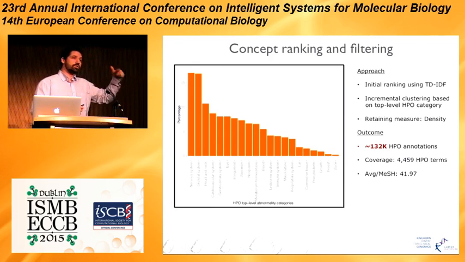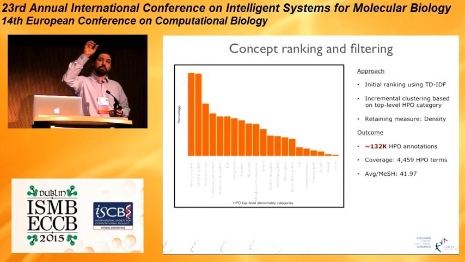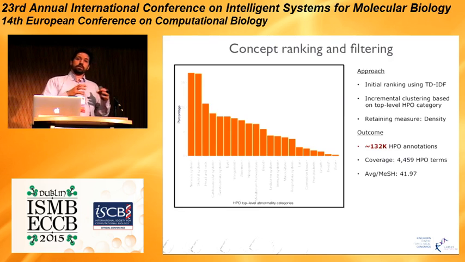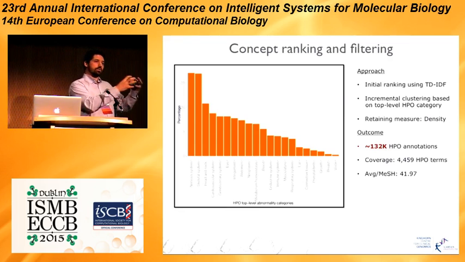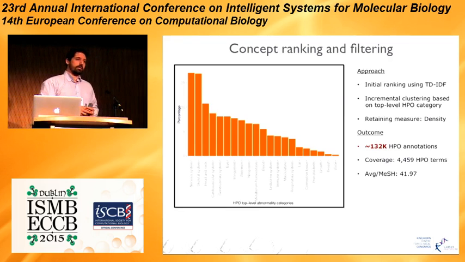Then we tried to incrementally cluster terms based on the top-level HPO category, with the assumption that terms that fit in the same category, such as growth abnormality, would cluster more together, and would then better define one particular disorder of interest.